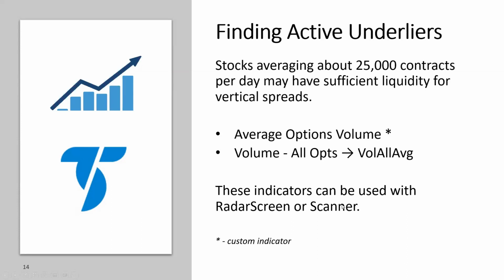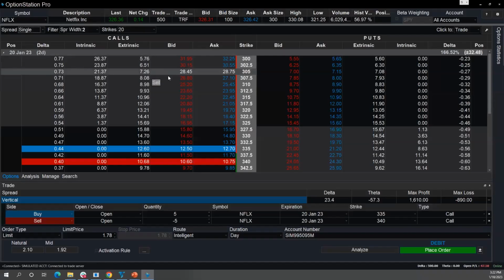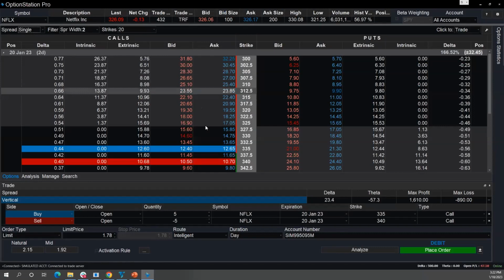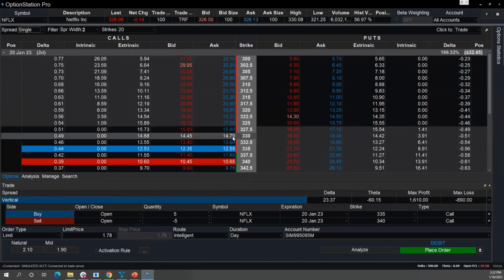All right, so another thing important about options is that when stocks don't trade a lot of options, they are not as liquid. So what that means, if we go back to our OptionStation Pro and look at just single calls and puts, this stock is at 326 right now, so these are at the money.